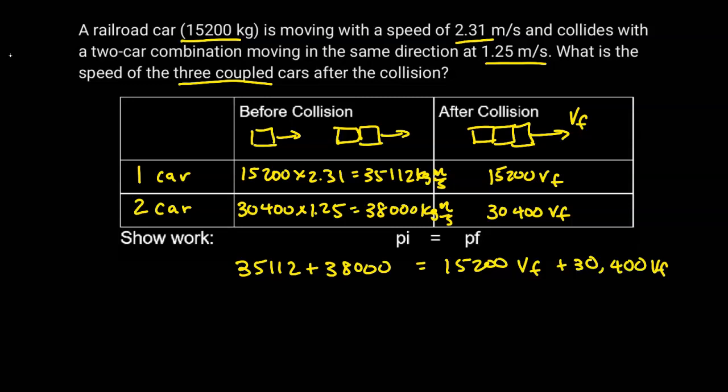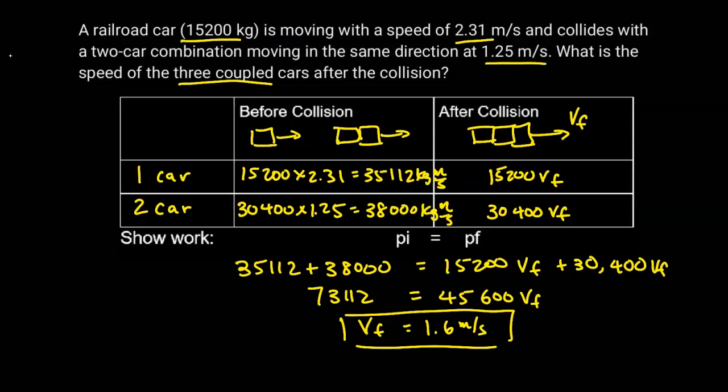I'm going to add the numbers on the left hand side and I get 73,112. Right hand side I get 45,600 VF. I'm going to divide by 45,600 on both sides. I'm going to switch the sides and I get VF equals 1.6 meters per second.